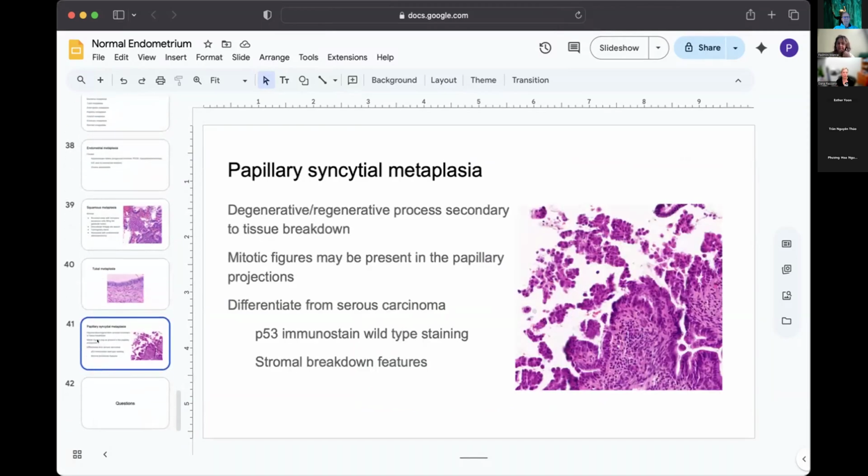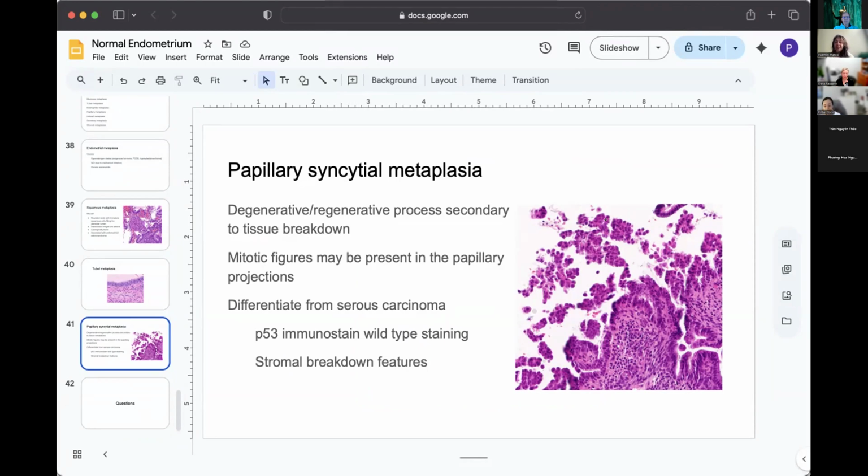Another one that's a little bit scary sometimes is papillary syncytial metaplasia. This is what's occurring in that breakdown process at the beginning, during the menstrual phase. You could really have it at any point if there is a degenerative breakdown happening to the endometrium, and you'll get little tufts of these clusters.